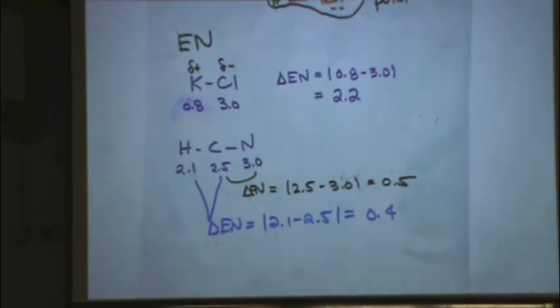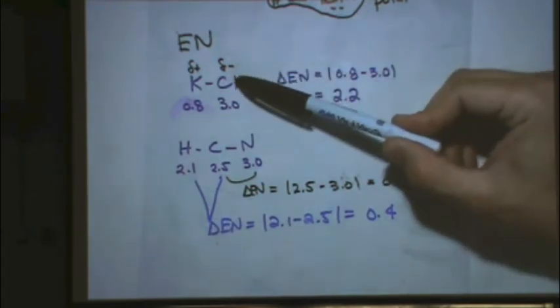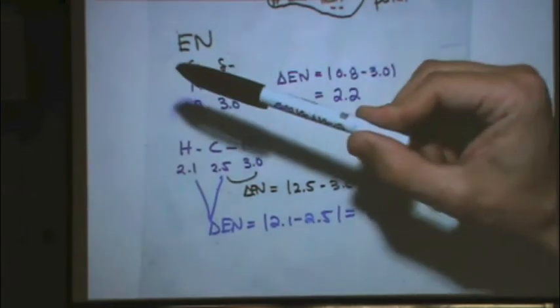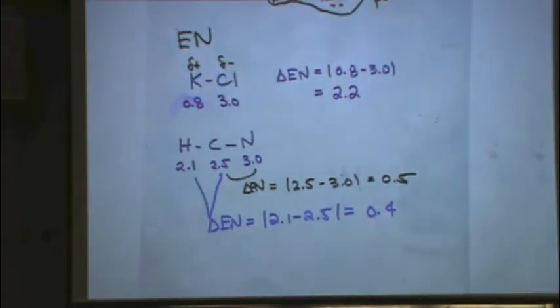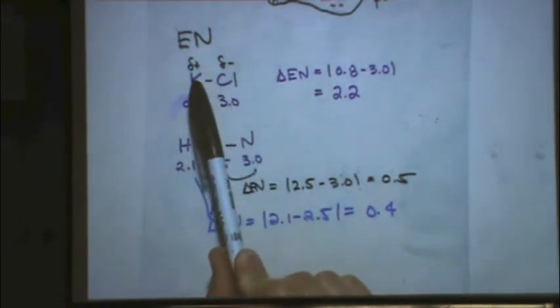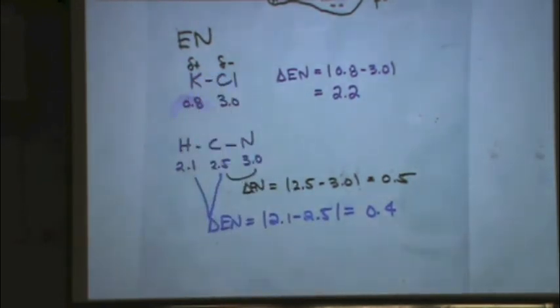If you don't have the numbers, one way to show that is to put a delta minus on the more electronegative one and a delta plus on the less electronegative one. So you can show electronegativity with symbols if you don't have the numbers. You probably do that a lot more if you take OChem.